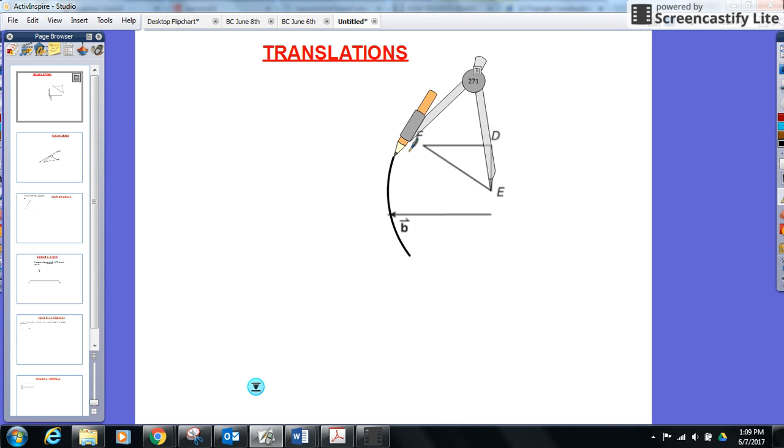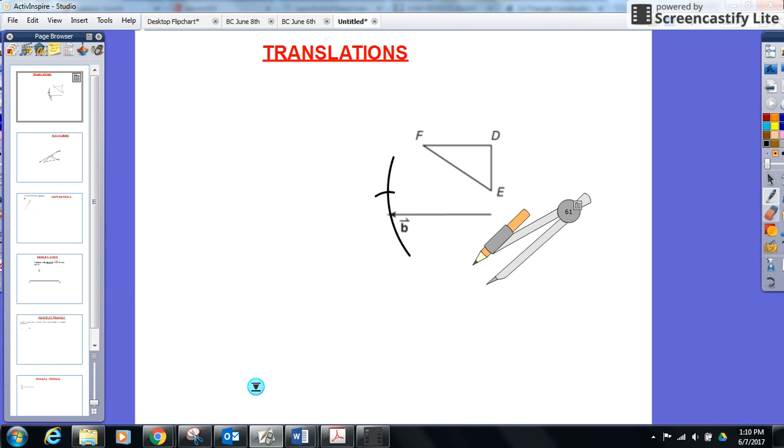So we know somewhere on this arc will be point E prime. Where on this arc? Well, we're going to measure the distance from the beginning of the vector to point E, move our compass over to the end of the vector, the very tip, and make an arc so that it intersects that first one, and that point of intersection will be E prime.